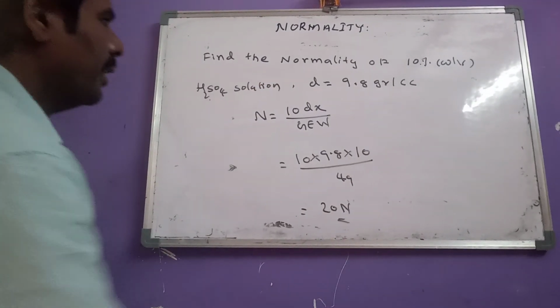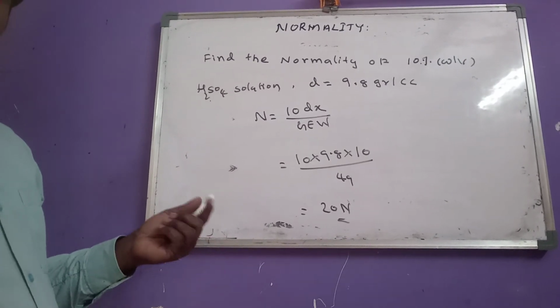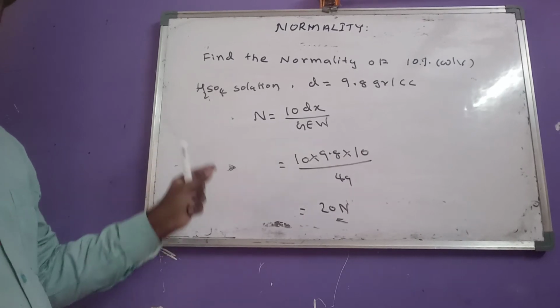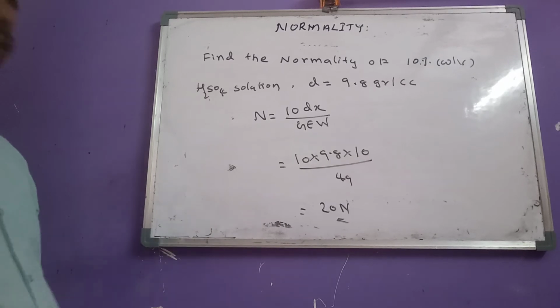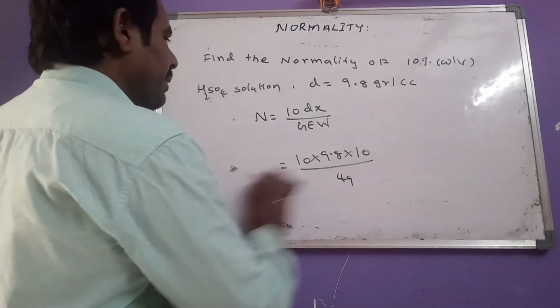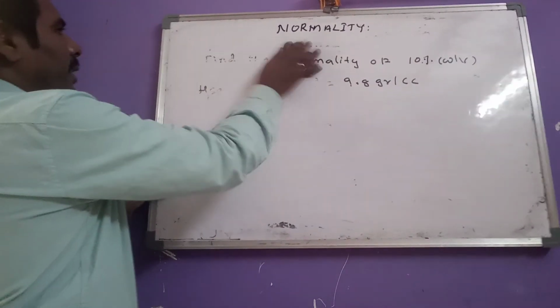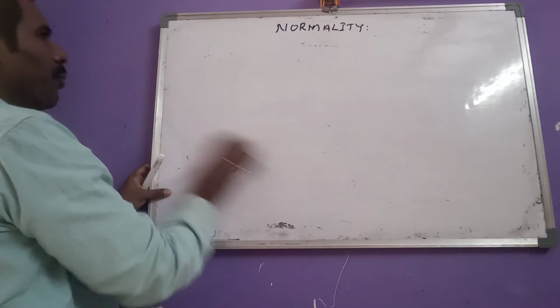So by using percentage W by V, or density and percentage W by V, we have to calculate normality using this formula.